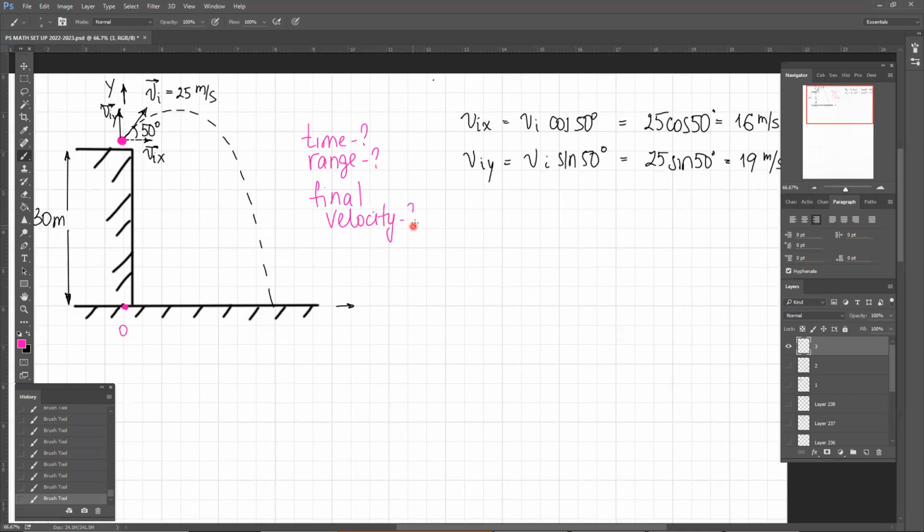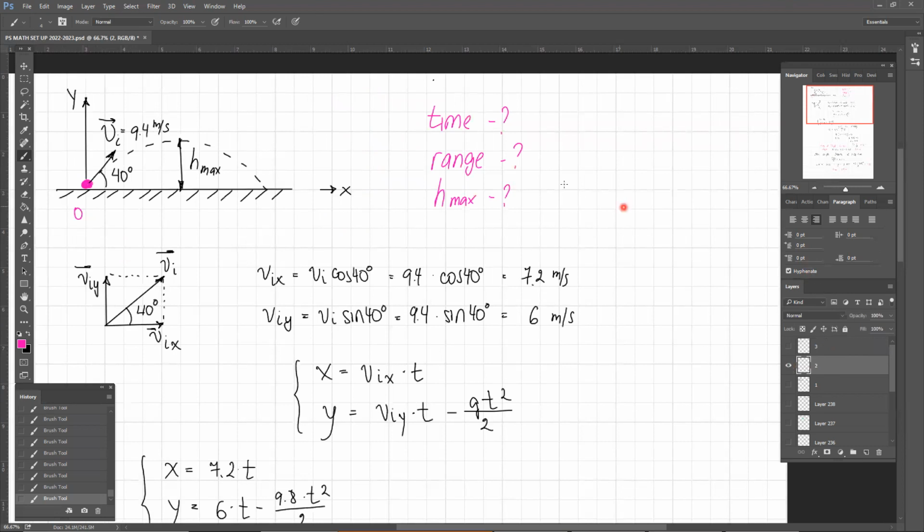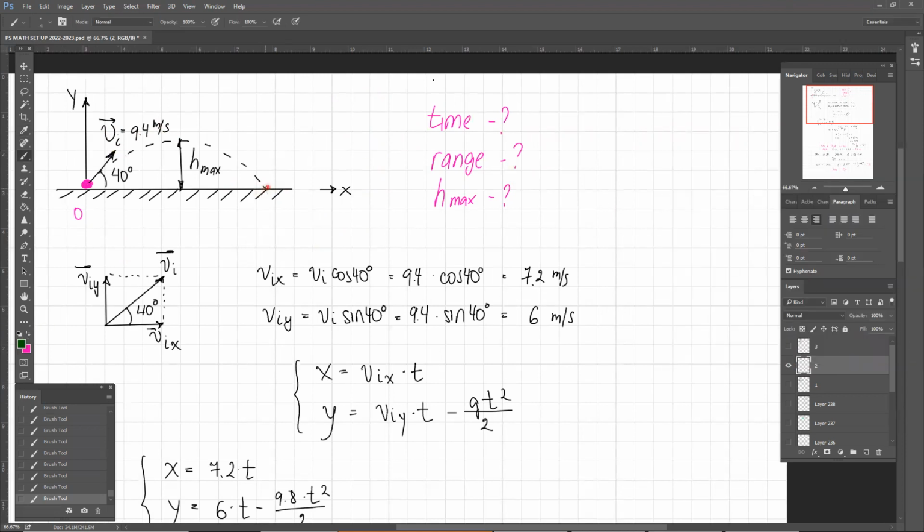Why is this question different? Why did I not ask before? So before, I could have asked velocity at landing, and interestingly enough, it will be the same magnitude, but just a different direction. So for a second, I'll borrow a different color, and I will point it roughly like that.